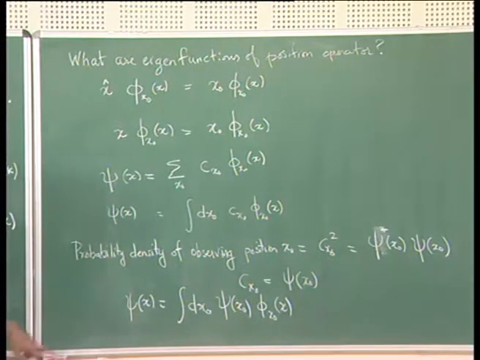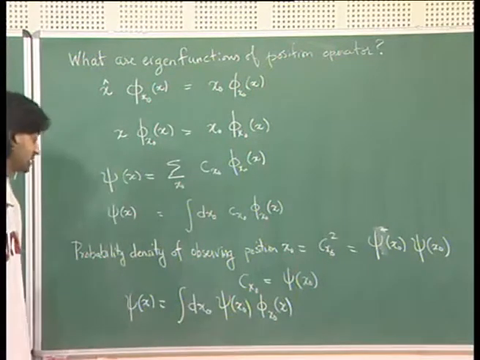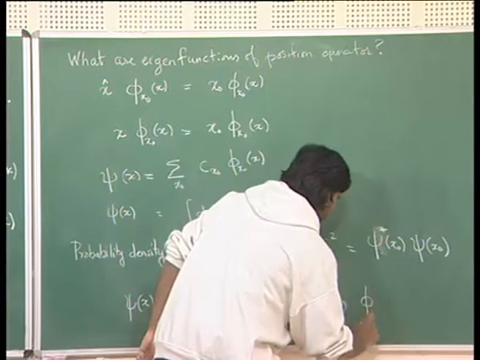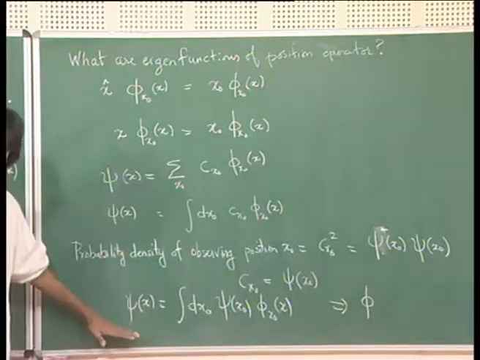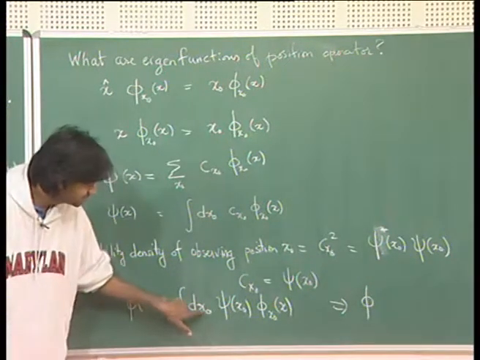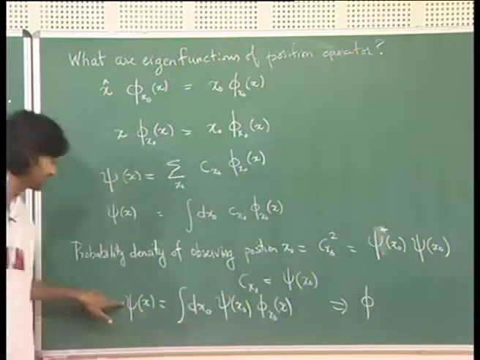Okay. And when you look at this form, you would immediately recognize the function that satisfies this. If you remember, when we were discussing delta functions, we said that a delta function is one such that when you integrate dx0 of psi x0 delta x minus x0, you get psi of x.